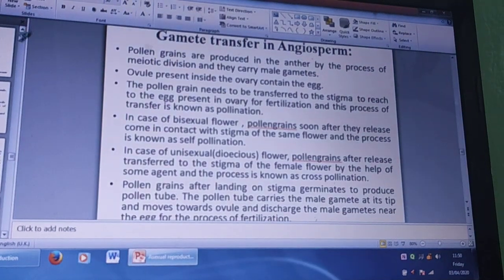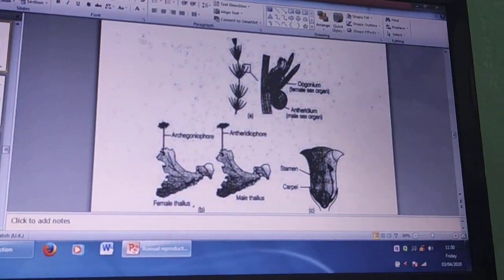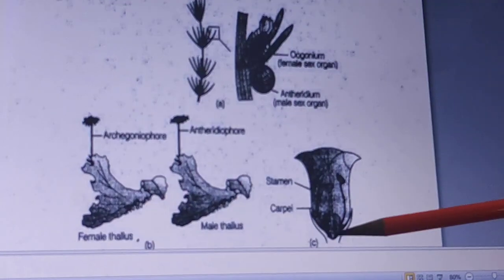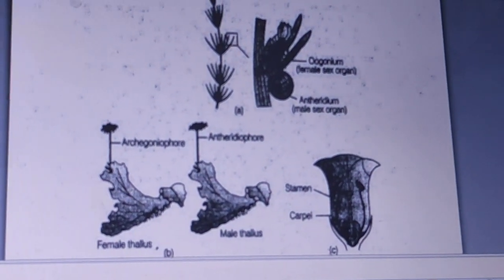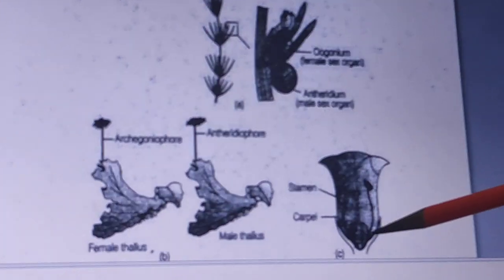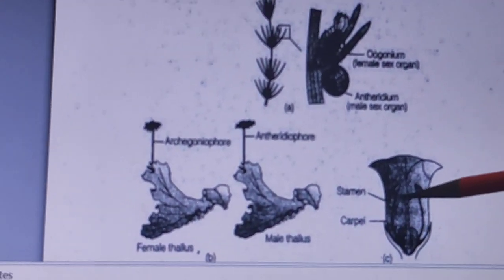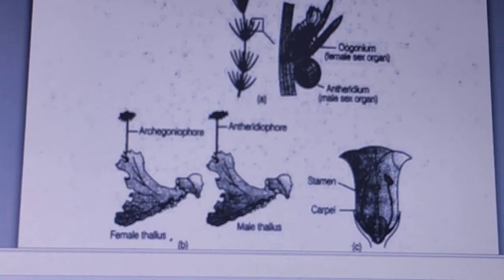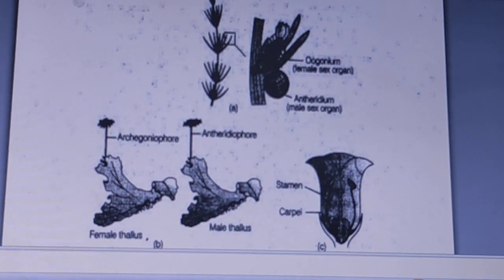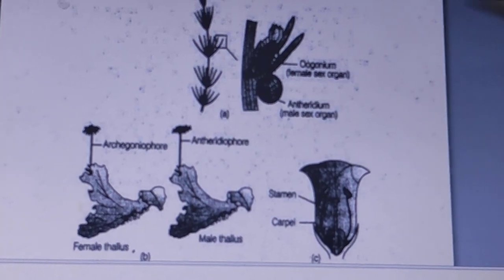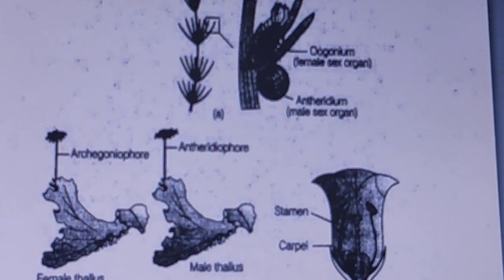So here you see, this is the sweet potato flower, and I have already mentioned this is a bisexual flower. It has stamen and it has stigma. So in case of flowering plant, the male gametes are present inside the pollen grain.